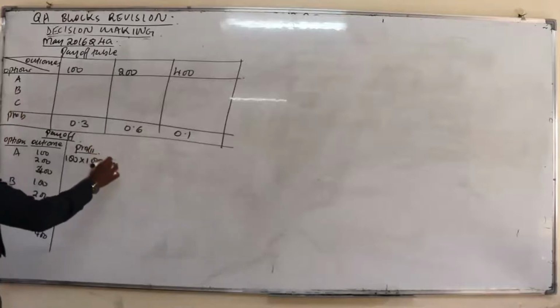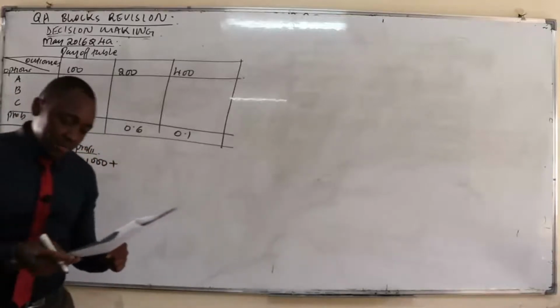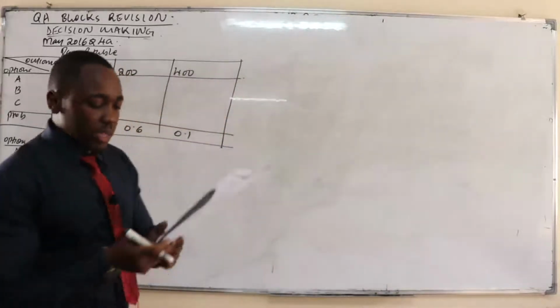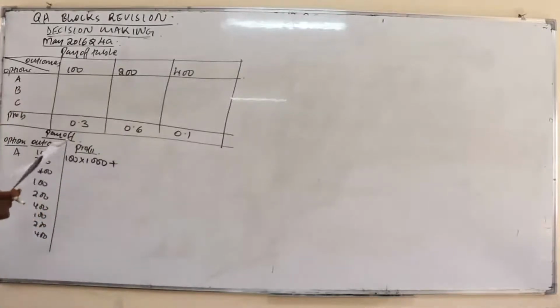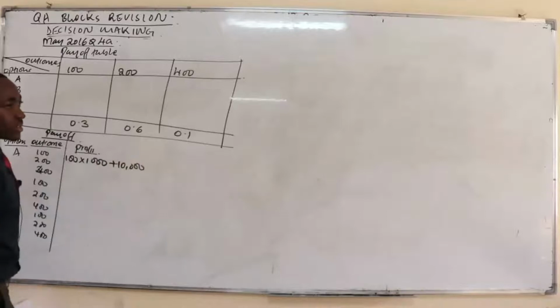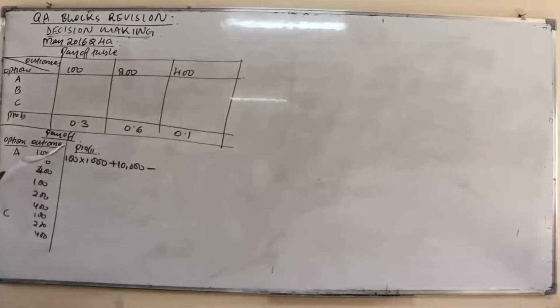Plus there is another profit: the scrap value. Scrap value is what you get at the end, so that one is an inflow. And how much will you get? For machine A or system A, you'll get 10,000. Then you minus the cost. You are given the variable or production cost. The production cost per unit is 500.